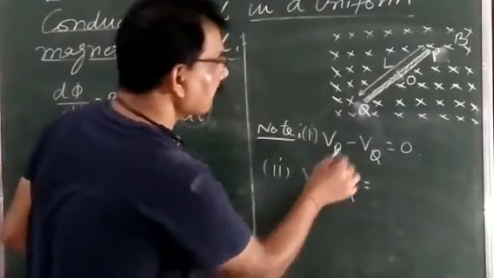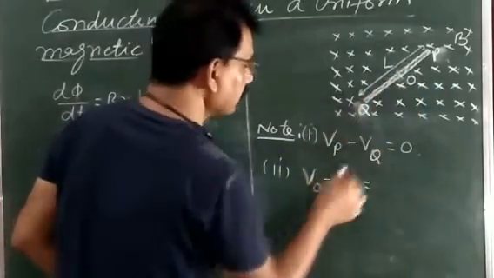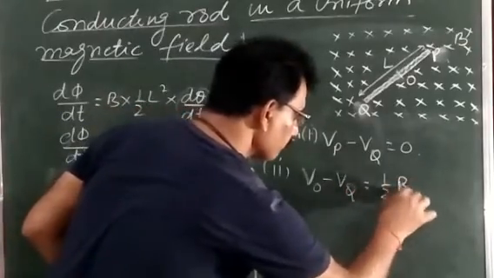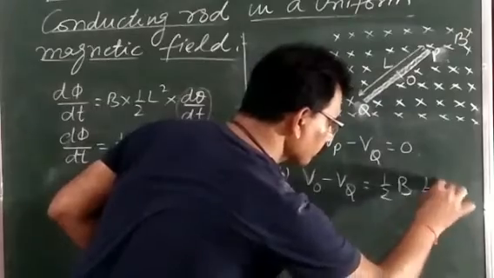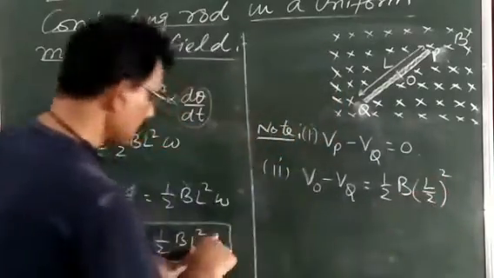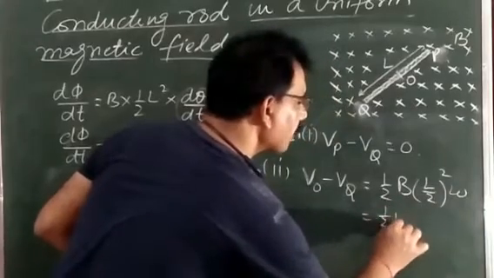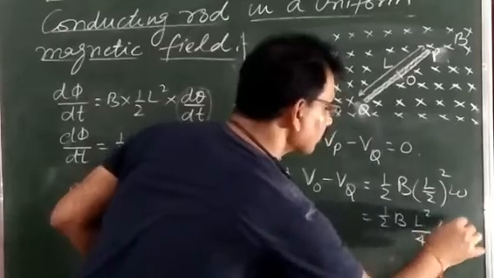So in this case, the potential difference between the middle point and any one end, VO minus VQ, is given by half B, in place of L you will take L by 2 whole square, into omega. And finally you will get half B L square by 4 into omega.